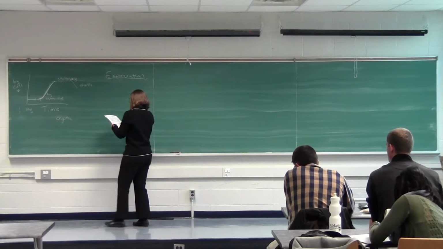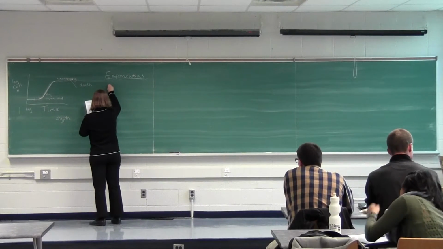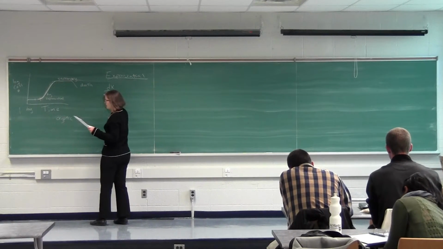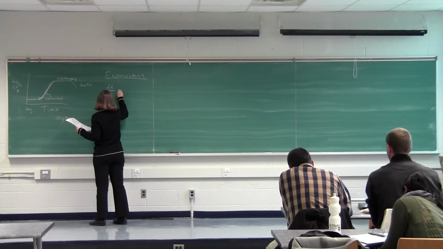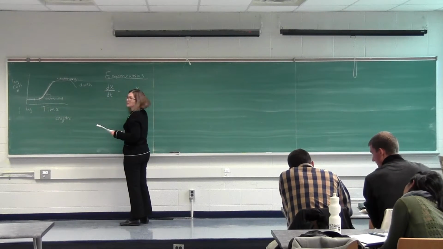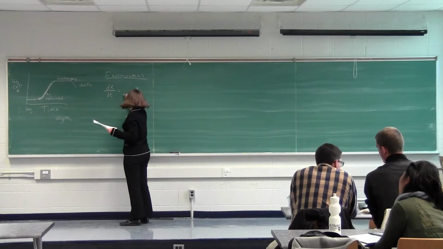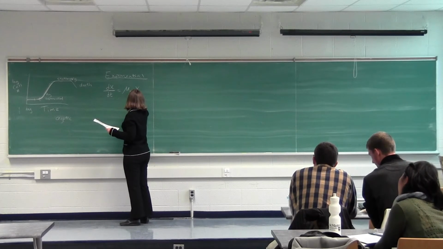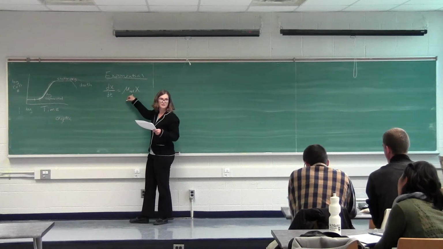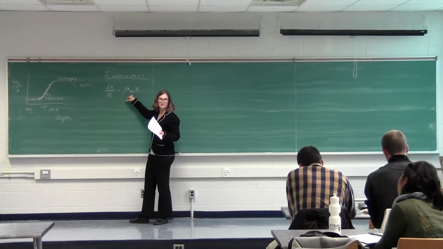So in the exponential phase, we said X is our cell concentration. So our rate of cell growth is proportional to the number of cells we have, and the proportionality constant is our net specific growth rate, mu net.